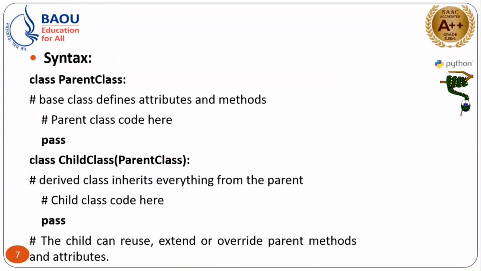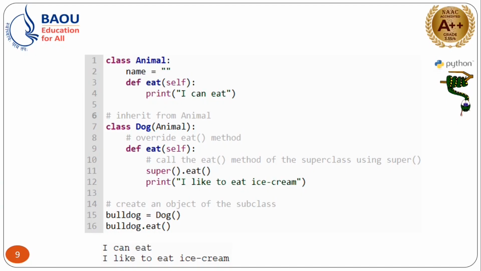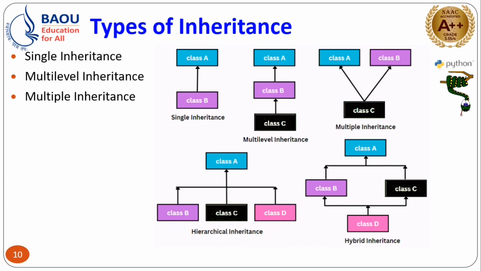Now going back to the presentation, this syntax we have already discussed. Now multiple types of inheritance. As you are already aware, in other programming languages there are various types of inheritance: single inheritance, multi-level inheritance, multiple inheritance, hierarchical inheritance, and hybrid inheritance.